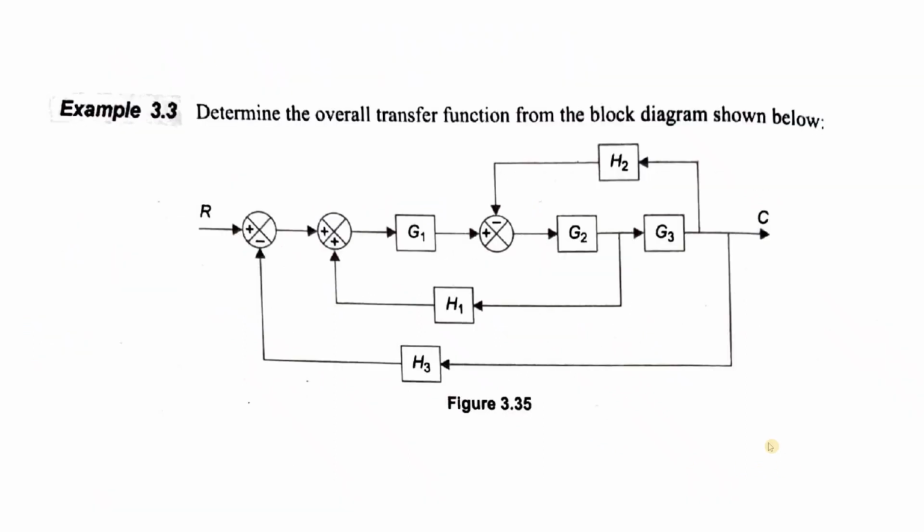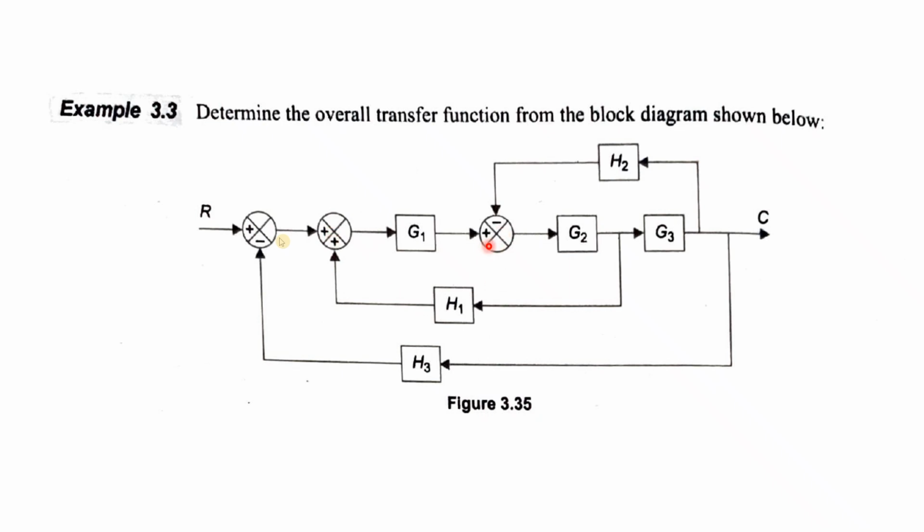Suppose, for example, this particular block diagram over here has 3 summation points. This is one summation point, this is another summation point, and there is a third summation point.